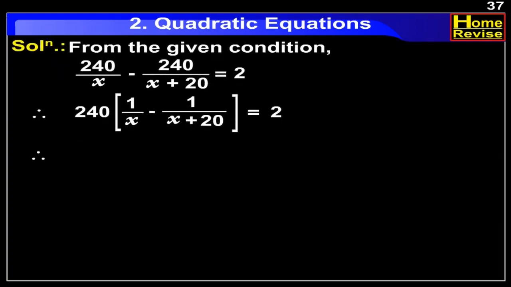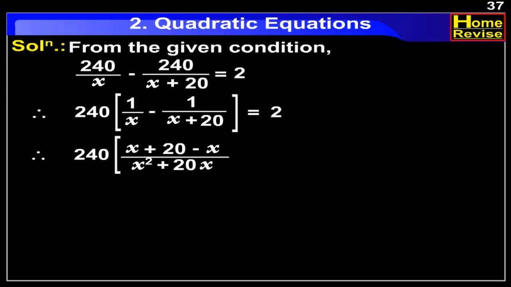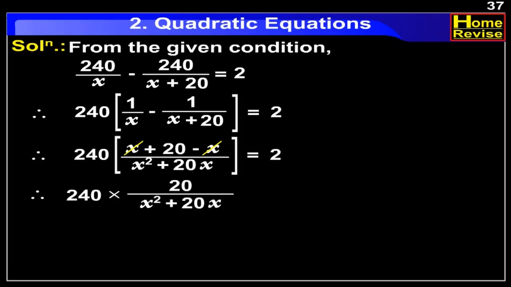Taking LCM of the terms in square brackets, we have 240 into in square bracket x plus 20 minus x upon x square plus 20x is equal to 2. Here, plus x and minus x get cancelled out. Therefore, we have 240 into 20 upon x square plus 20x is equal to 2.